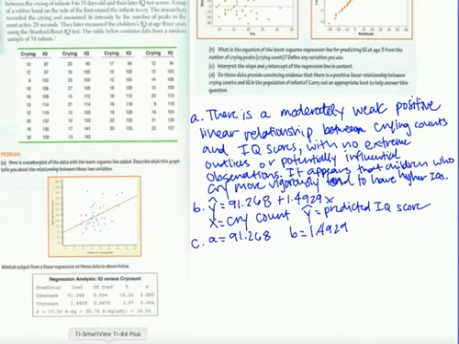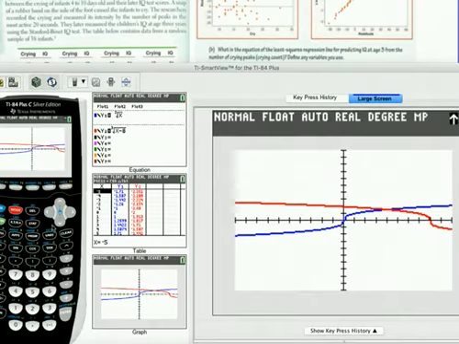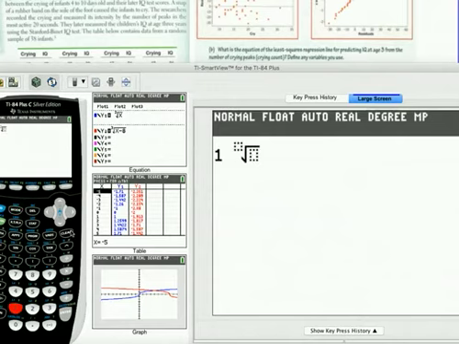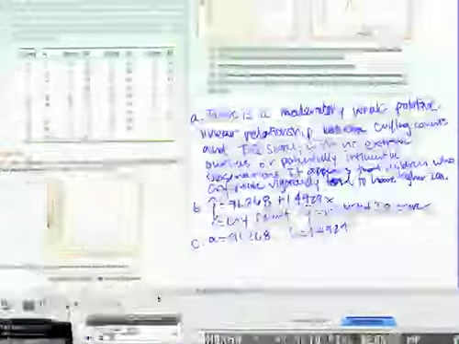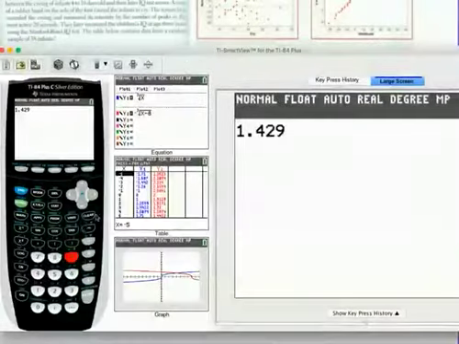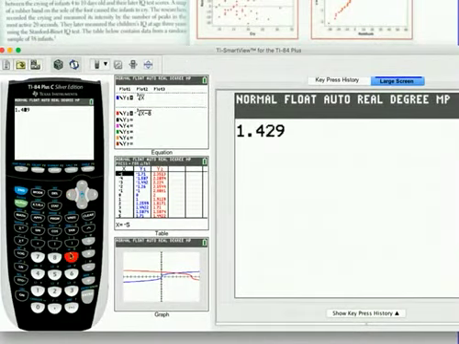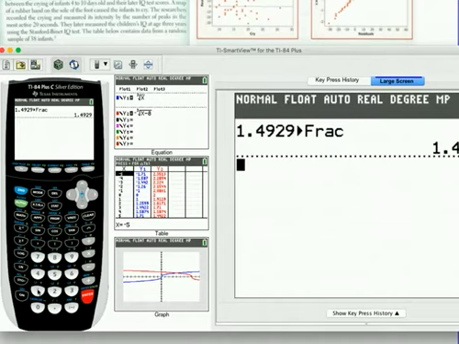So if we think about 1.4929, and we turn that into a fraction, it may be better to use something like 1.5.